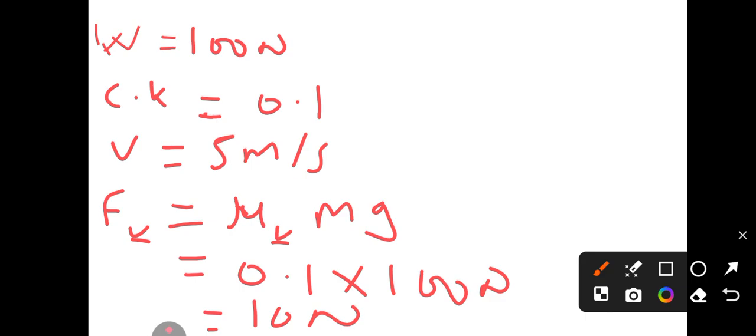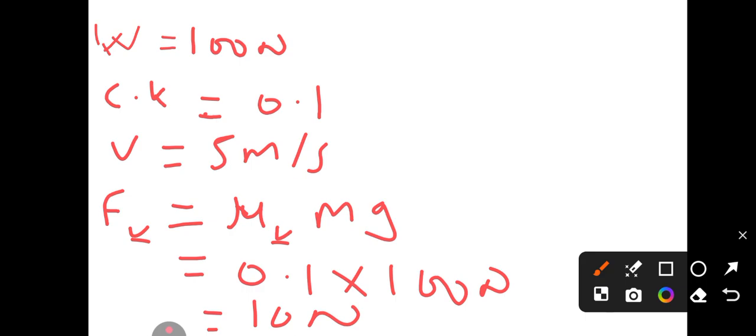The velocity is just showing you that the object is moving, but here you can't use it in any way. And also there is a 5 Newton force which is applied on the left, while the object is going to the right.